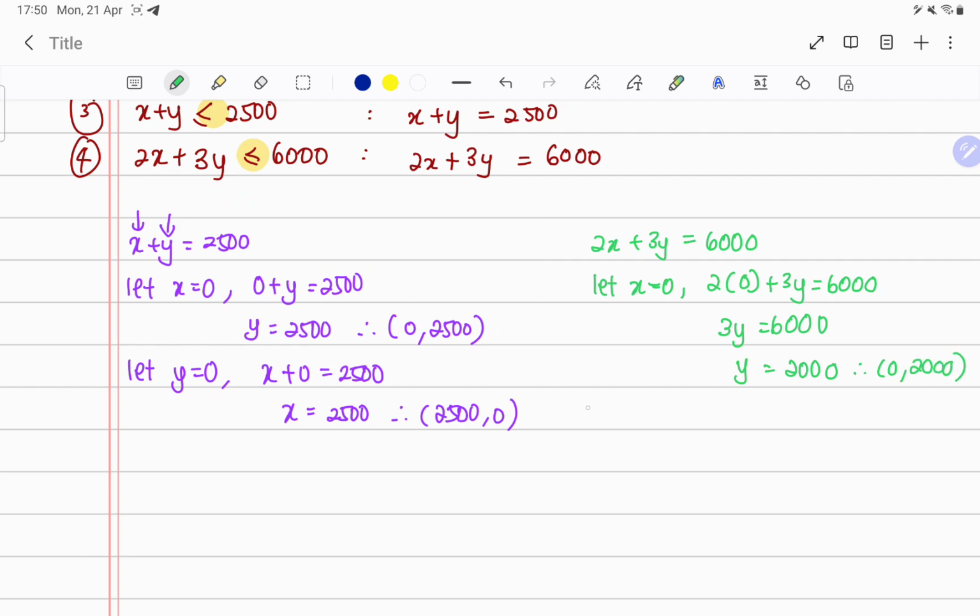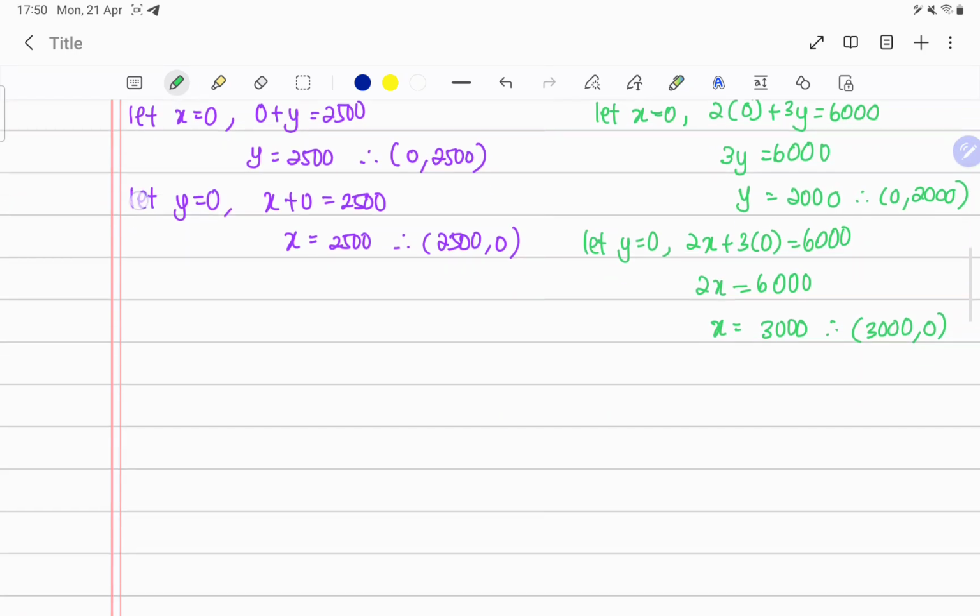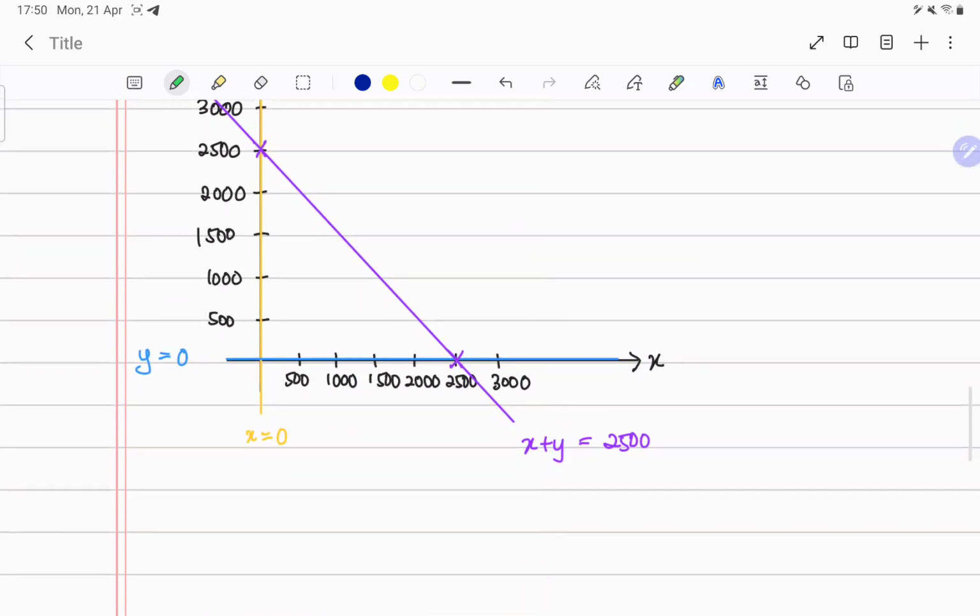And then the next one, you let y equal to 0, then you get 2x plus 3 multiplied by 0 equal to 6,000. You're going to get 2x equal to 6,000. X is equal to 3,000. So here you get one coordinate, which is 3,000, 0. So now you have these two coordinates, can plot the graph. So 0, 2,000 and 3,000, 0. 0, 2,000 should be here, and 3,000, 0 should be here.